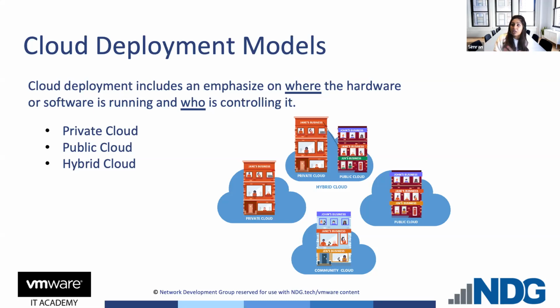Then on the other side, you have public cloud, right? What we have with public cloud is essentially, as the name suggests as well, it's hosted by a cloud service provider. So you can have AWS, you can have Google Cloud, you've got Azure, you've got Alibaba. There's plenty of cloud providers that are hosting these cloud services, right?